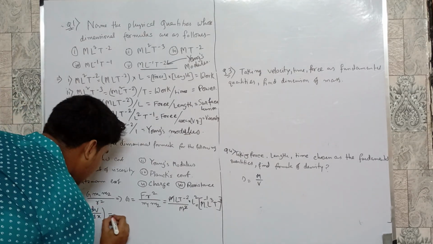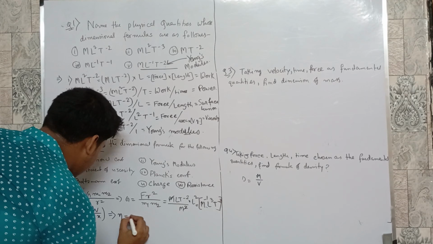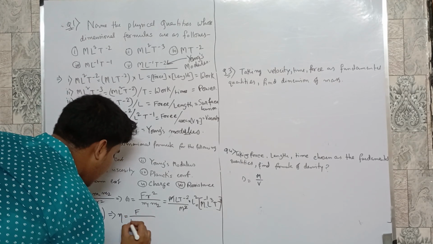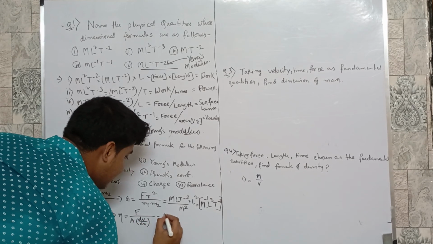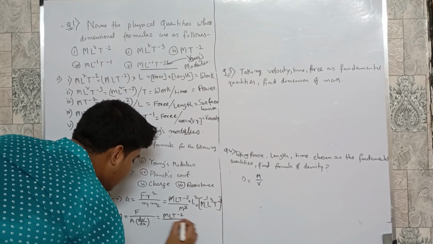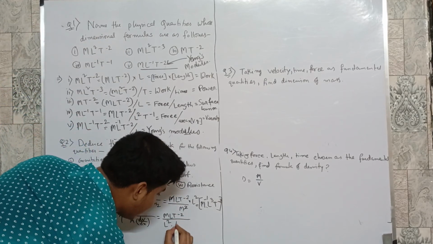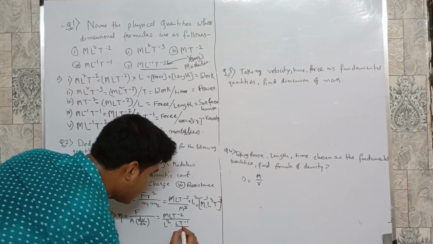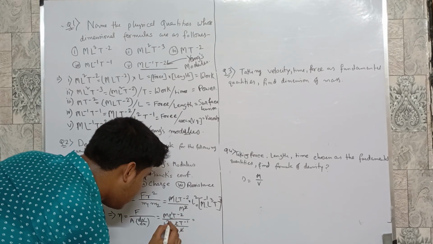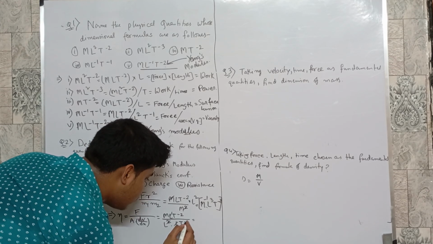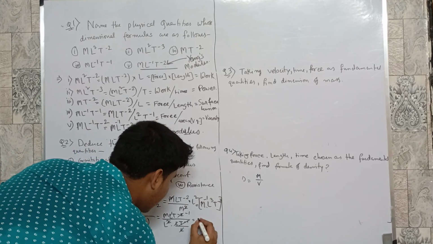So eta equals F by A dv by dx, neglecting the sign. Force is M L T minus 2, area is length square, velocity is L T minus 1, and x is length, which cancels out. Another cancellation, T to the power minus 1 with T to the power minus 1.